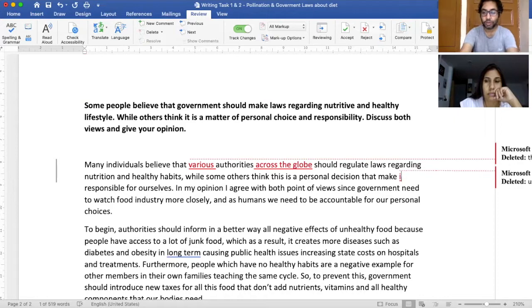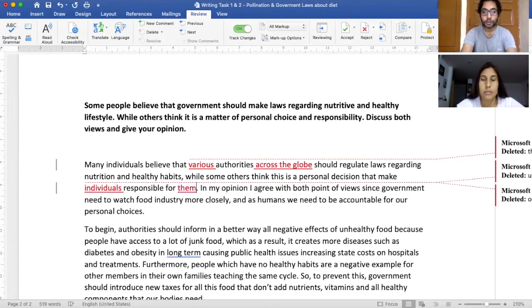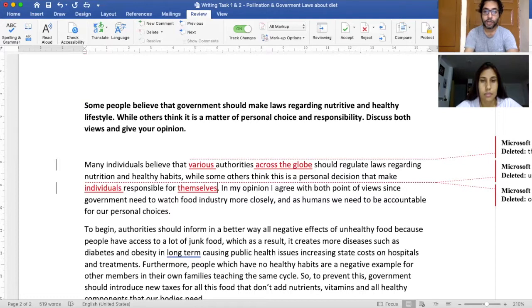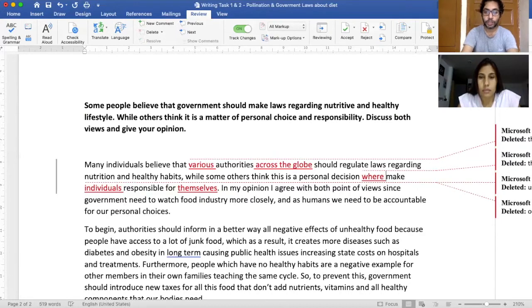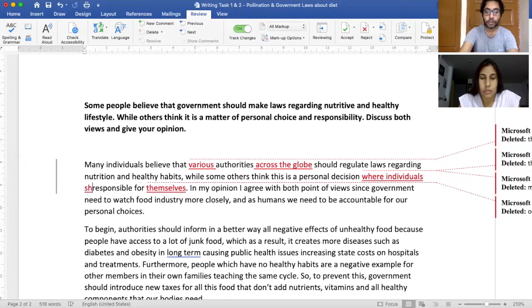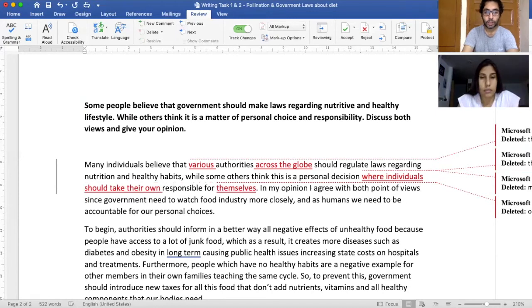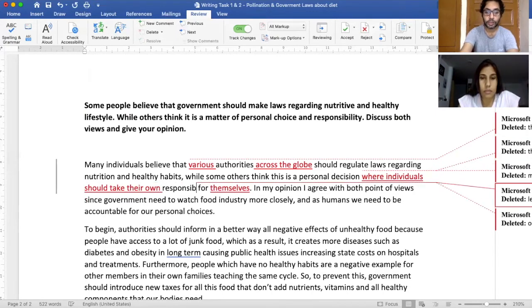We don't use too much informal writing. Rather, you can say this is a personal decision where individuals should take their own responsibility.